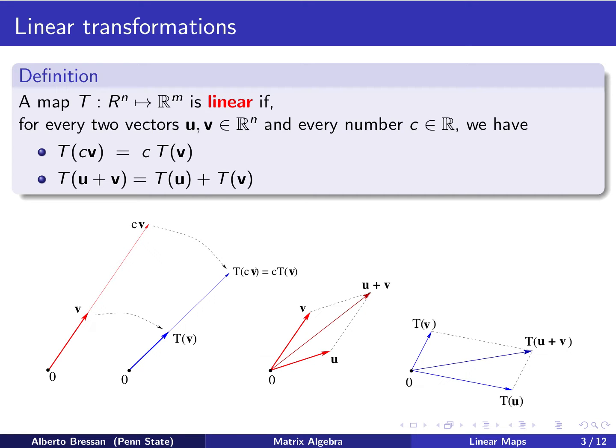Then the transformation of c times v is exactly a scalar multiple of the transformation of v. So in the transformed space, the result will just be taking this vector and, in the same direction, making it longer. That is a scalar multiple of this vector. So that's the first property.